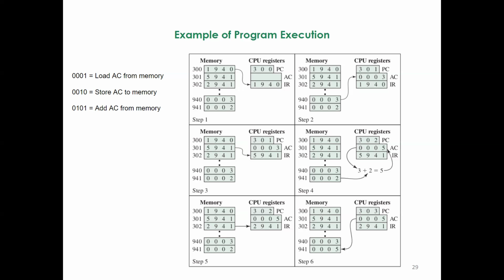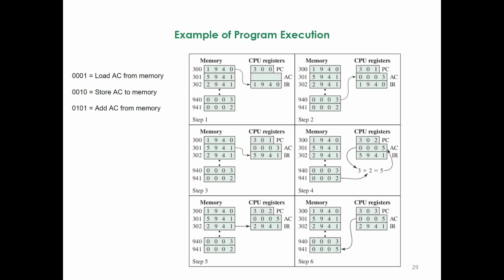So by looking at the memory words, how big? 16 bits. Yes, because you have 1940 as a word in memory, and it's in hexadecimal, which is 4 digits of 4 bits. So it's 16 bits.